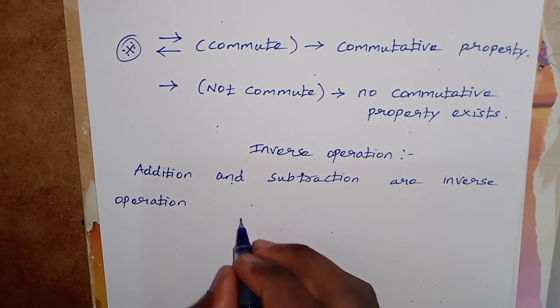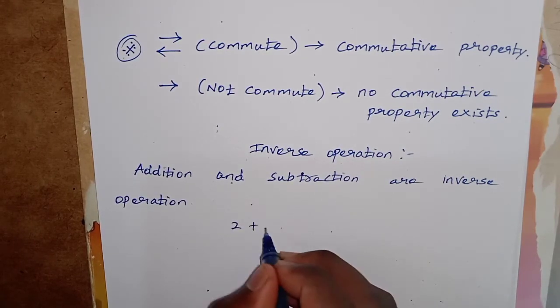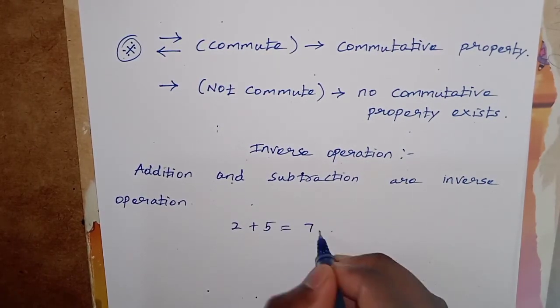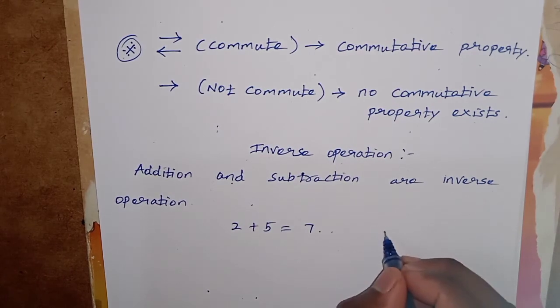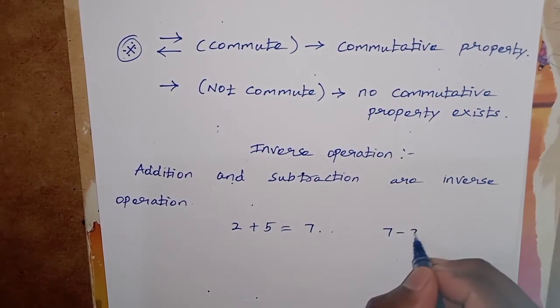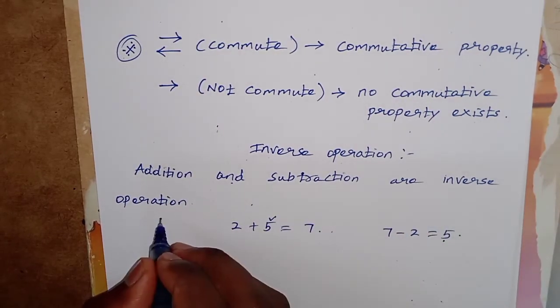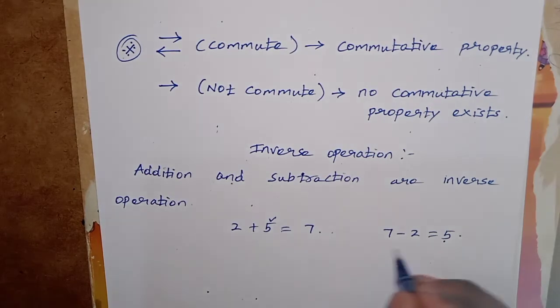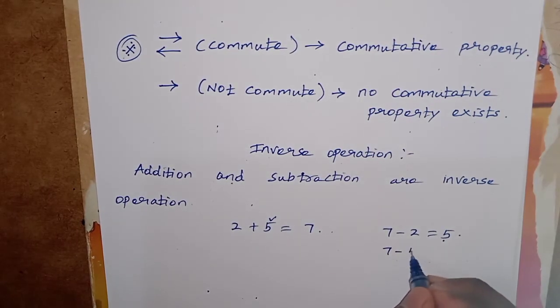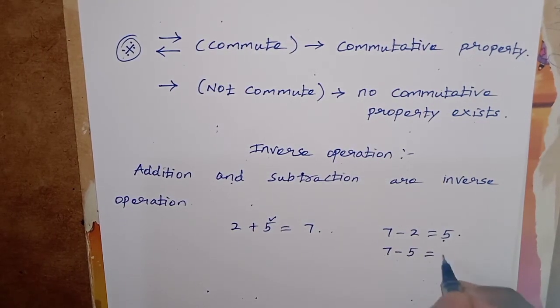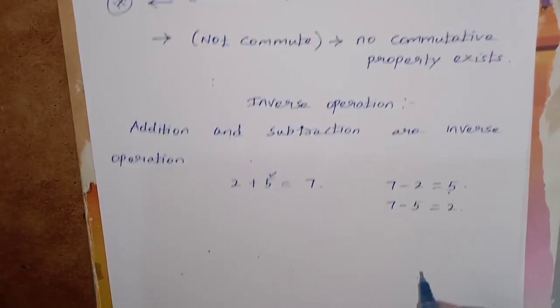See how 2 plus 5 equal to 7. 7 minus 2 equal to 5, therefore here it is 5. So that is why we are saying this is an inverse operation. If you take any one value to this side, see here 7 minus 5 equal to 2. Here it is an inverse operation.